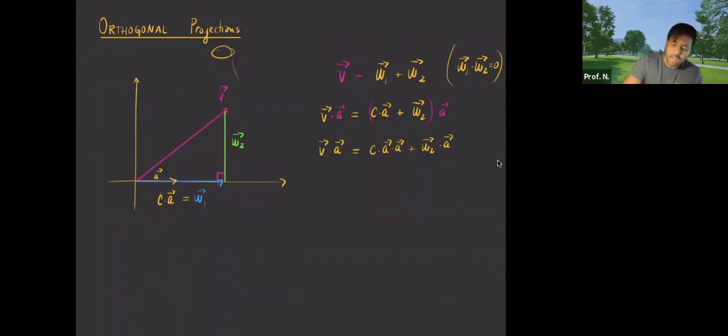So W2 dot A is equal to 0. What am I left with? V dot A equals C multiplied by A dot A. But what is A dot A? That's the norm of A squared.